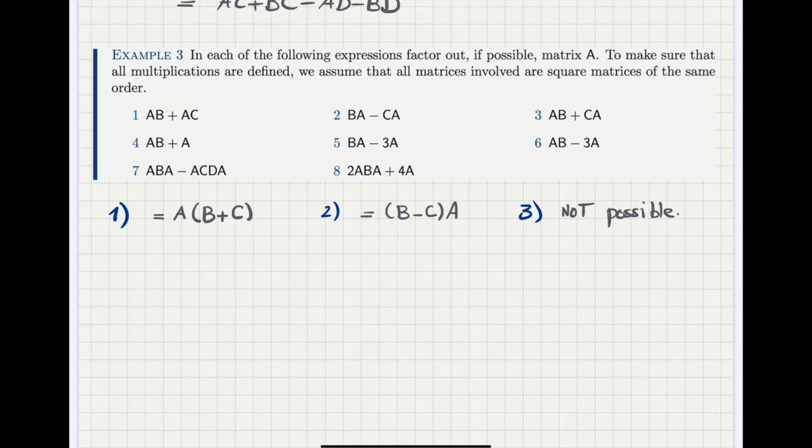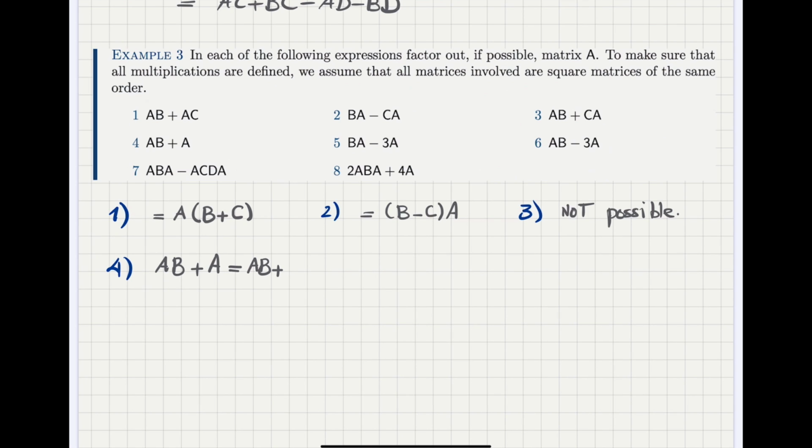Okay, for number 4, what can I do? Do you have any idea? Can I factor something out here? Yes, exactly. Because of the rules that we learned, I can imagine this problem in this way.